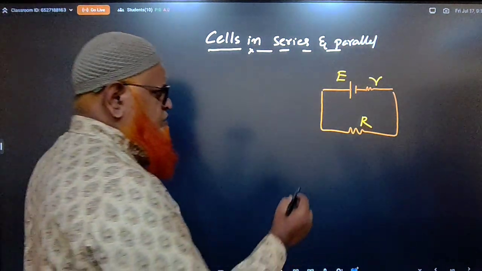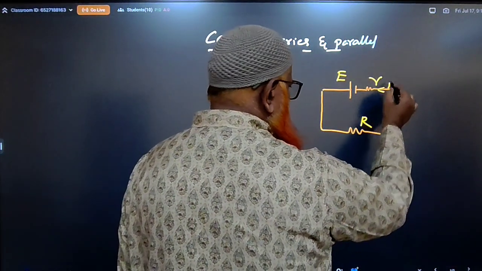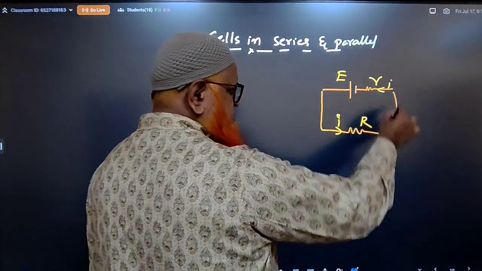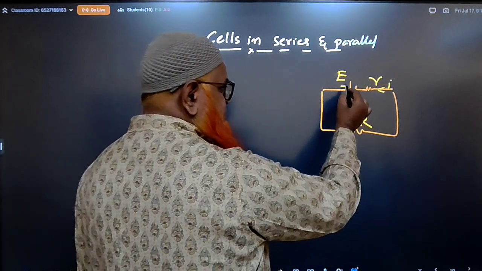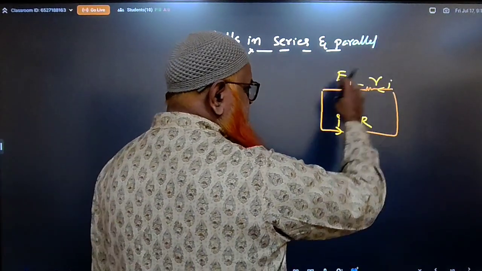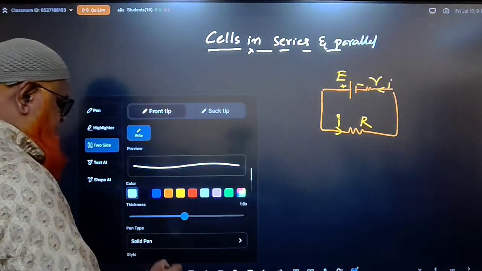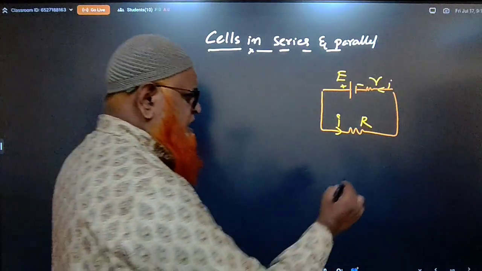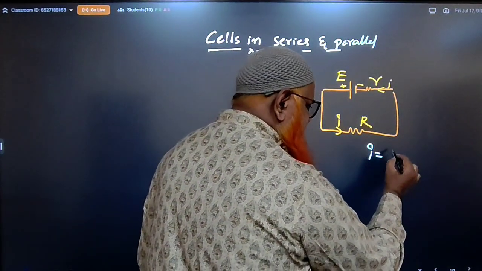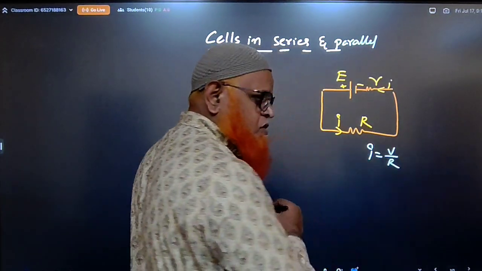Now here, the current is passing in this direction, because current has to travel from positive to negative. Then what is the current across this simple cell? A simple formula is I is equal to V by R according to Ohm's law.